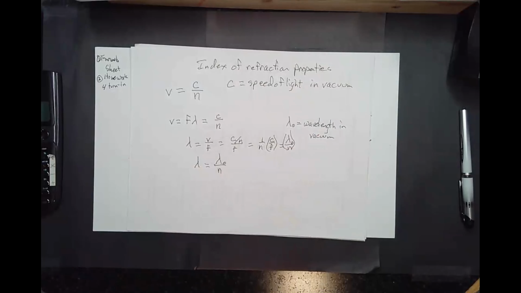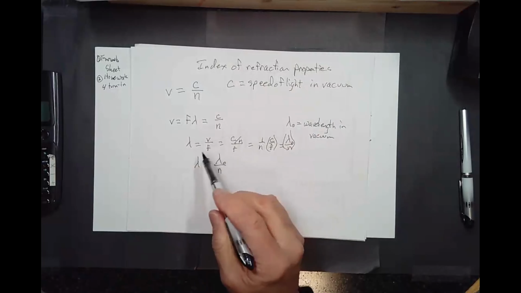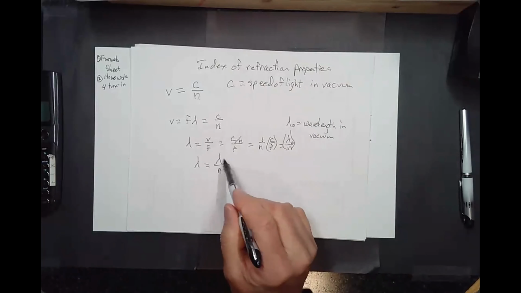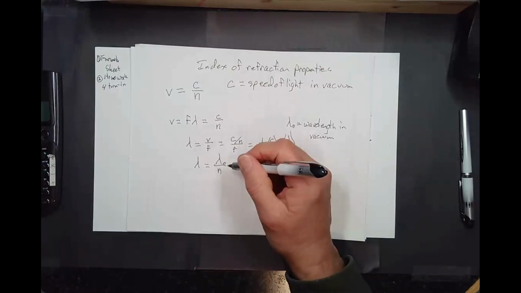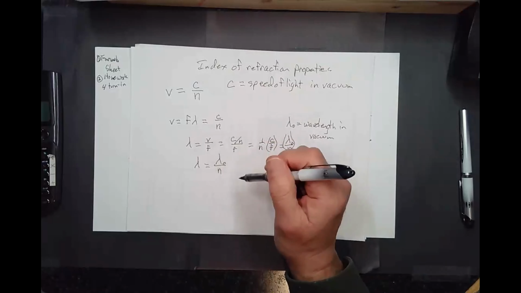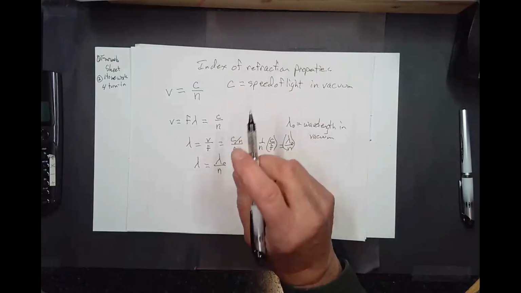Now, for a lot of what we do, we're not going to be concerned too much with the wavelength difference. But when we get to physical optics, one of the types of interference that we'll look at is called thin film interference. And when we study that, we're going to have to take into account the fact that the wavelength will change when it's in a thin film of something.